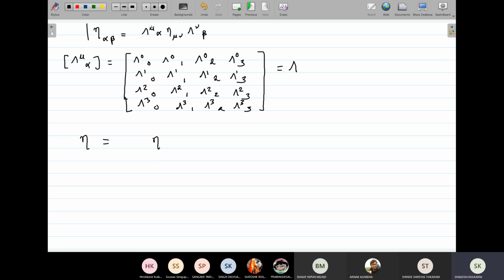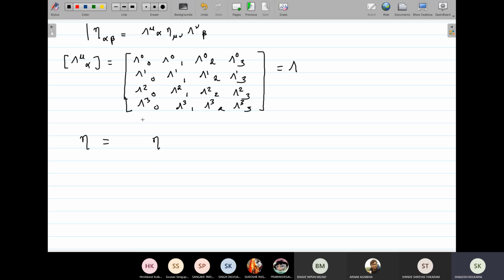Look at the position of this index mu. If you compare with this, this is a row index, right? This eta mu nu, this is also a row index and it is summed over. What does that mean?